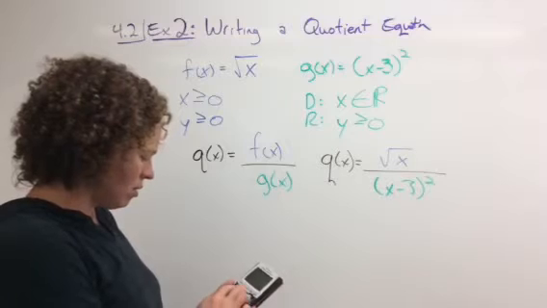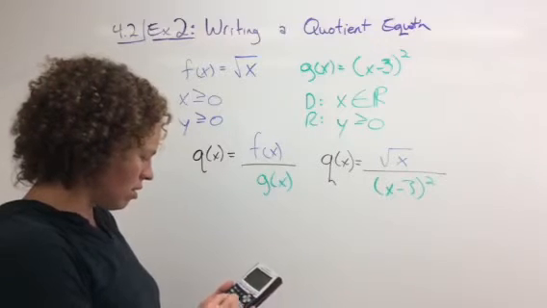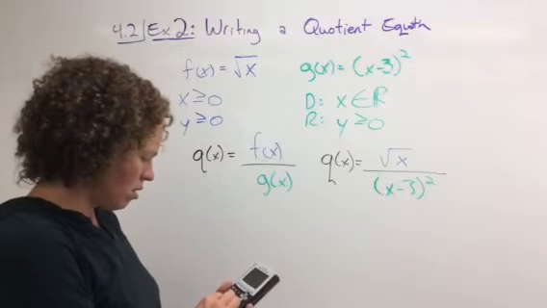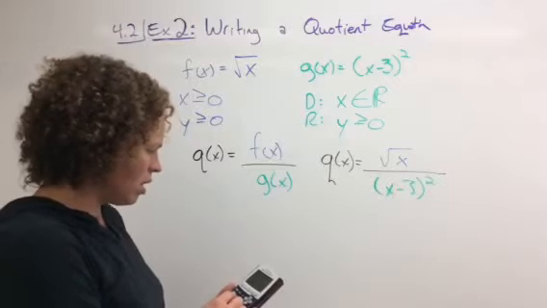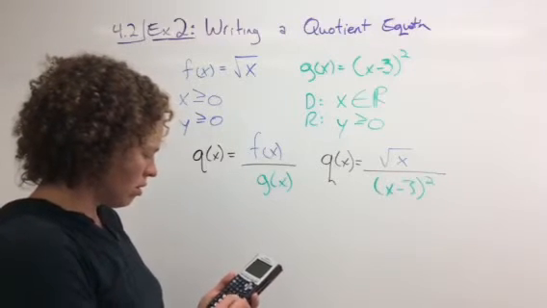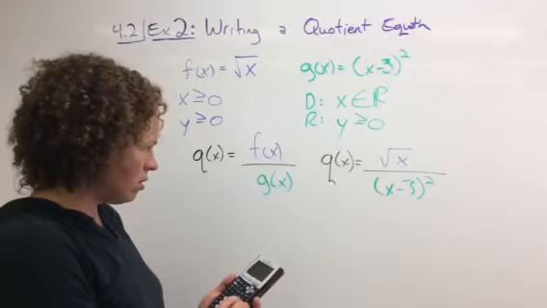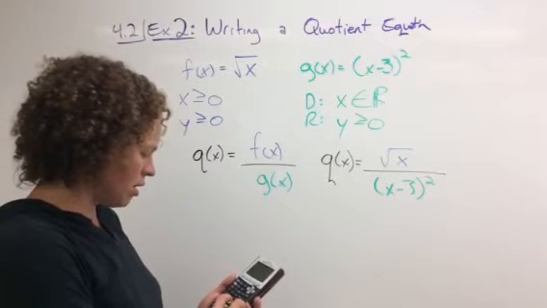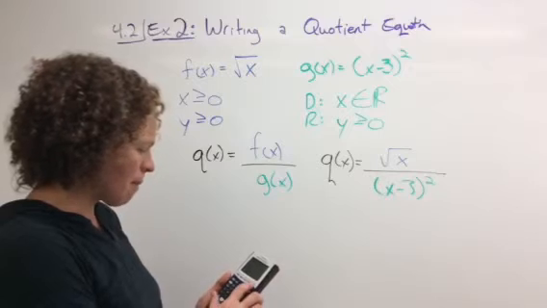So I'm going to go second function root. Whoops, that's the wrong button. Then x, page over, divided by bracket x minus 3 close bracket squared.